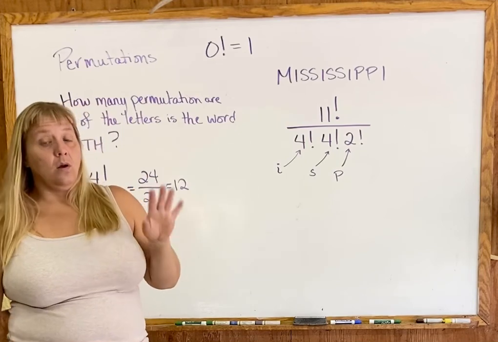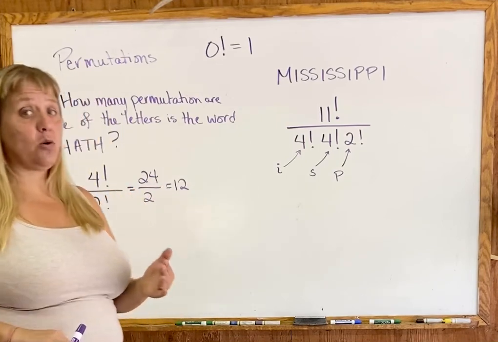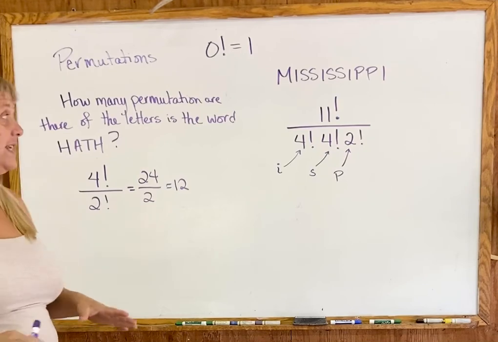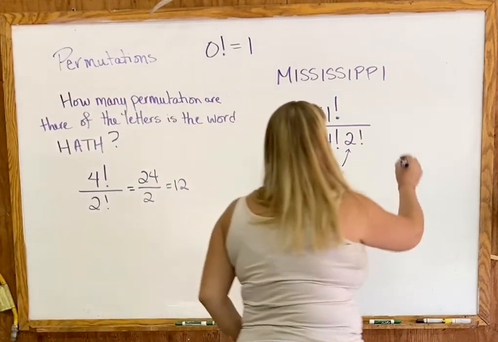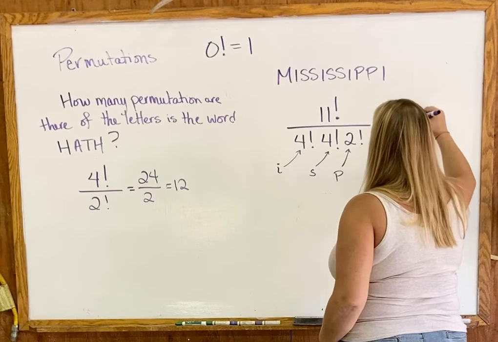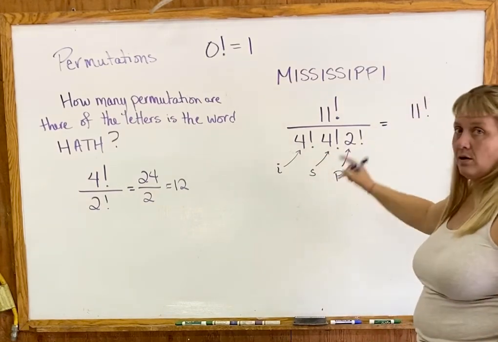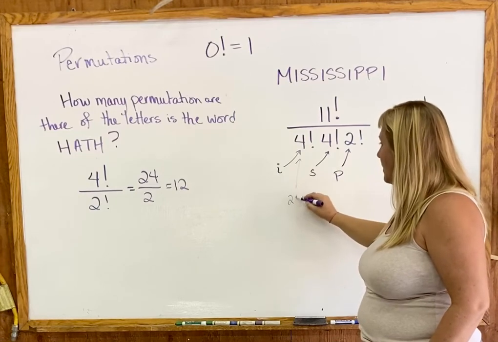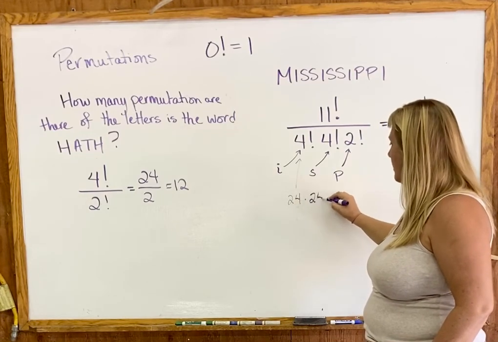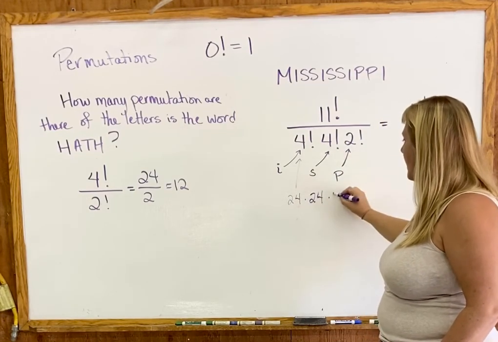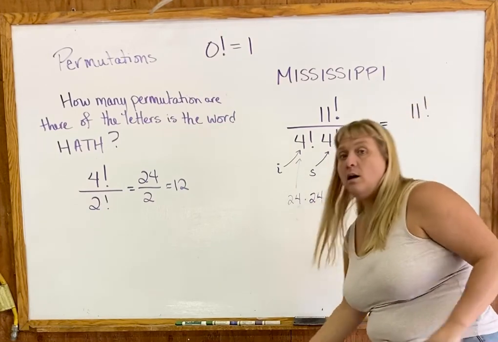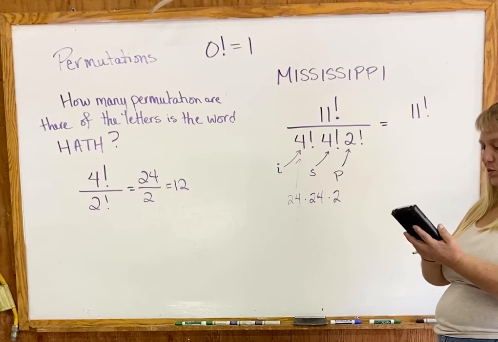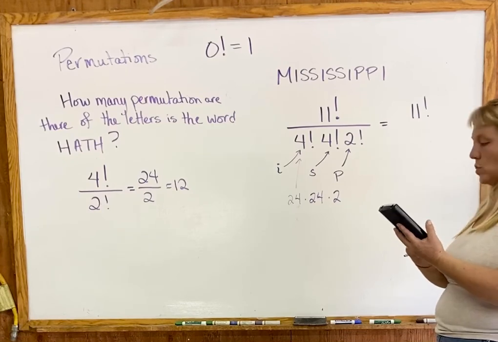Now, order of operations and using the factorial key means that doing this in your calculator straight in is very easy to make mistakes. So what we want to do is simplify the bottom first and then do the problem. So each one of these 4 factorials is 24, isn't it? 24 times 24, and then 2 factorial is just 2. So we're going to do that first. 24 times 24 times 2.